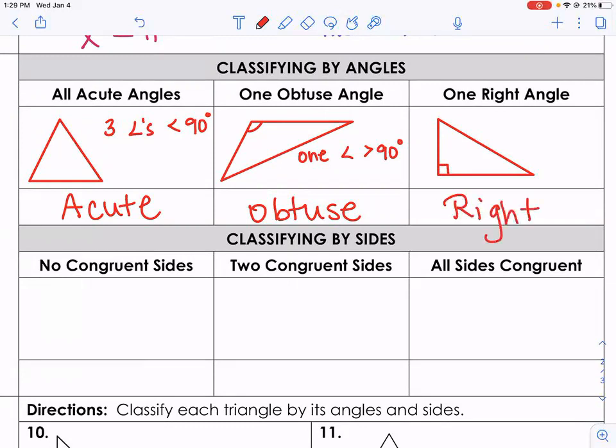If we have a triangle with 1 right angle, we have a right triangle. All triangles can be classified in one of these three groups. It's either an acute triangle, an obtuse triangle, or a right triangle.